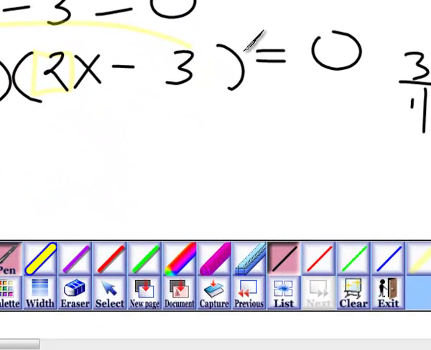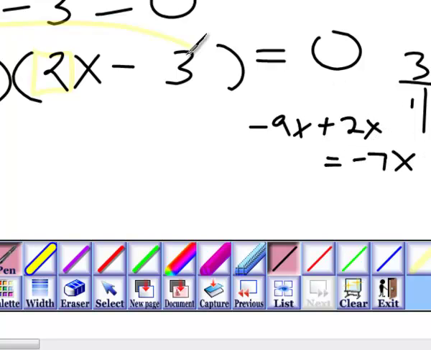Okay, are we done? What do we got to do now? Good. Check it. This is going to be 3 times negative 3 is negative 9x, and then this will be plus 2x. We get a negative 7x. Is that what we want?